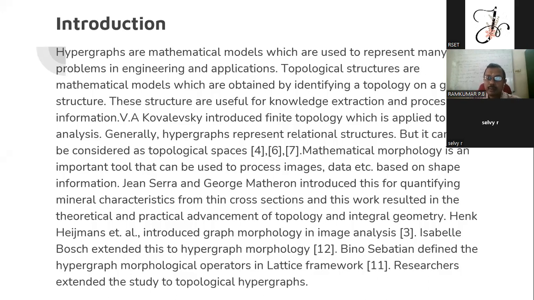Generally, hypergraphs represent relational structures. So we can consider the underlying topological spaces corresponding to a hypergraph or corresponding to a simplicial complex. Mathematical morphology is an important tool that can be used to process images, data, etc. based on a structuring element which represents information contained in an object or an image.